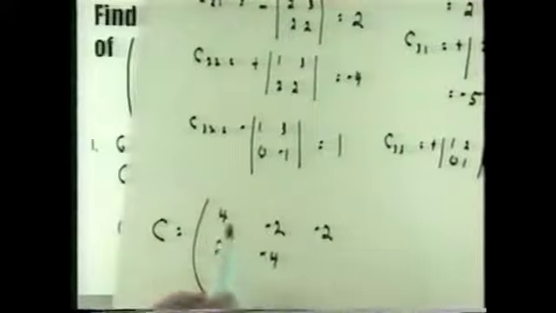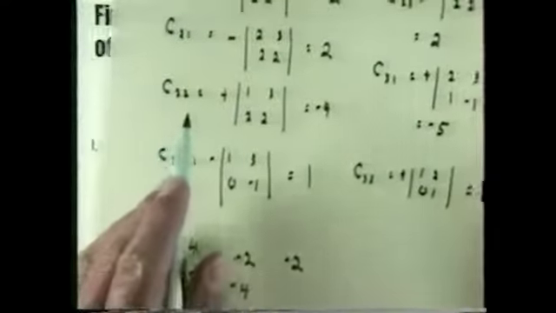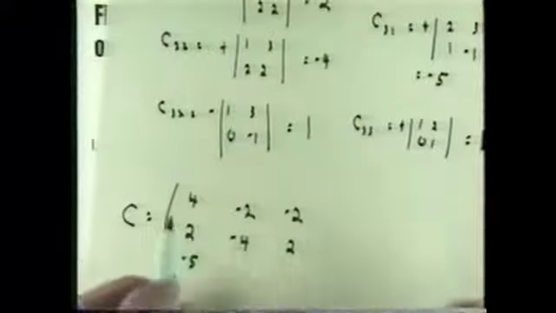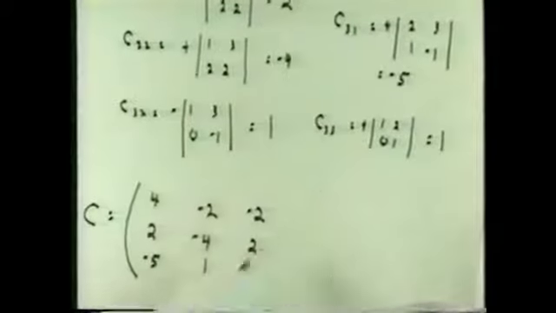C of 2, 2 is negative 4. C of 2, 3 is 2. C of 3, 1 is negative 5. C of 3, 2 is 1. C of 3, 3 is 1.